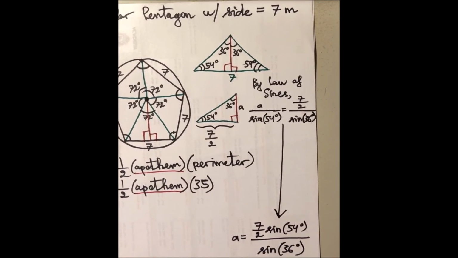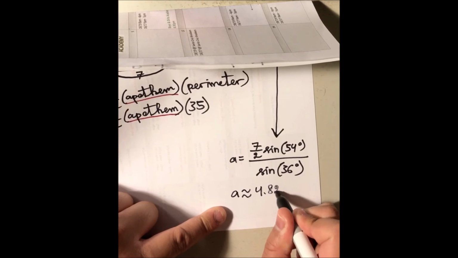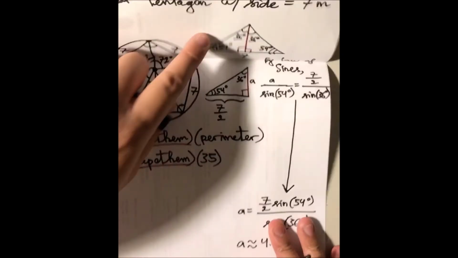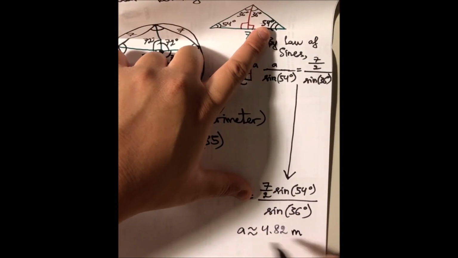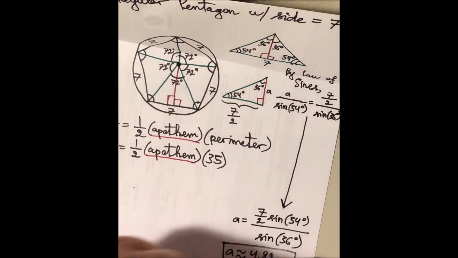And just go ahead and put it in the calculator. We are going to get 4.82 meters. So the apothem is approximately 4.82 meters.